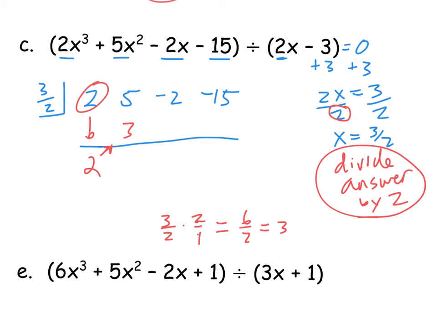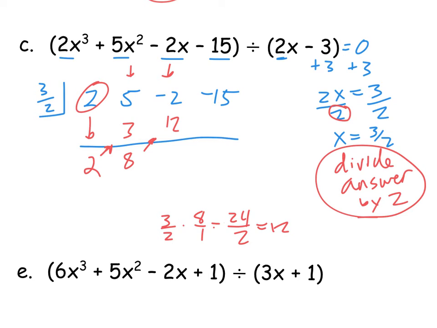Okay, we always add the columns up. 5 plus 3 is 8. So now we have 3 halves times 8 over 1. Well, that's 24 over 2, or 12. So over here I'm going to put a 12.